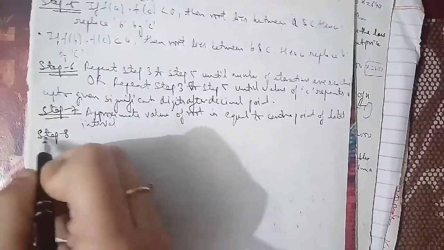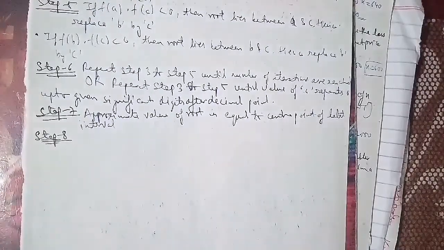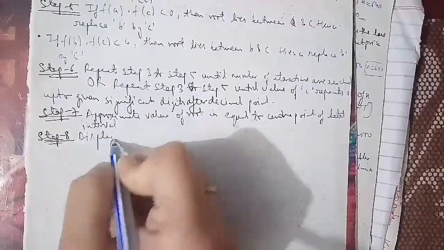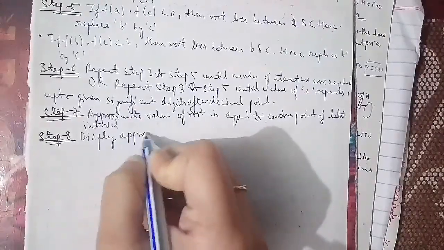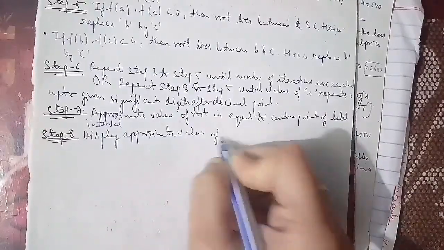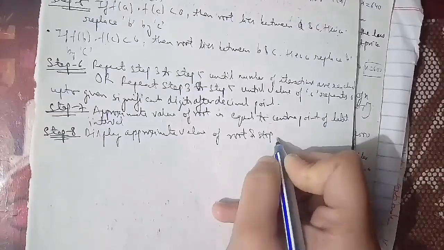So for the same, we'll go ahead for the next question, which is write a computer algorithm for the secant method. This is the computer algorithm we had written for the bisection method, and now we'll go ahead for the other one, the second method. So write computer algorithm for second method.